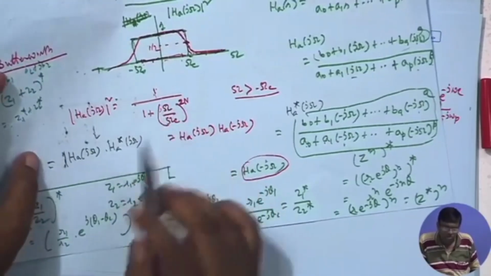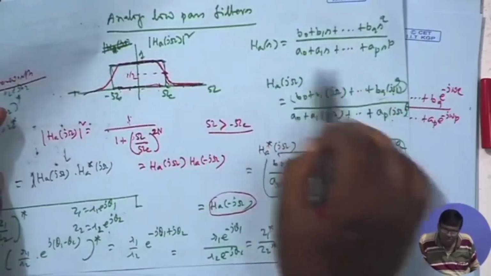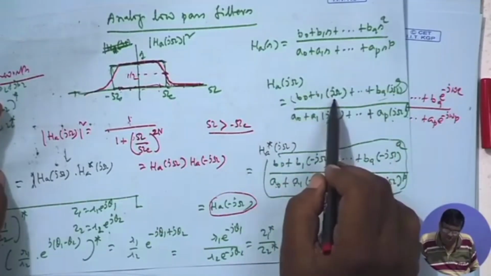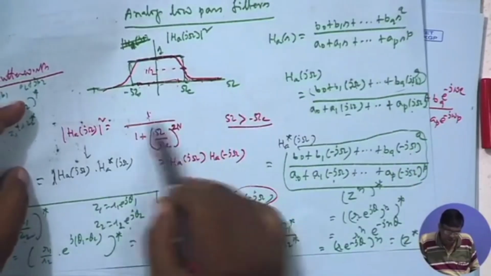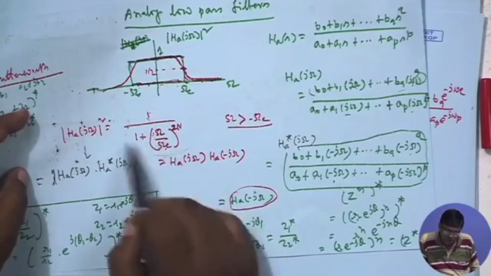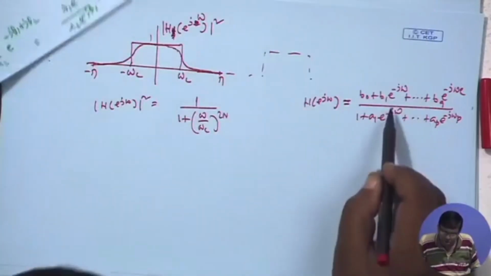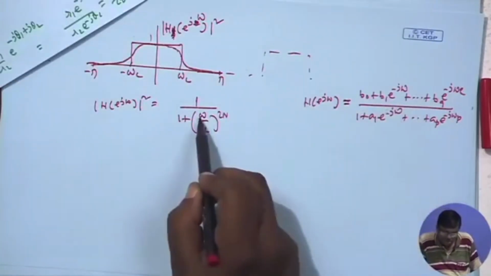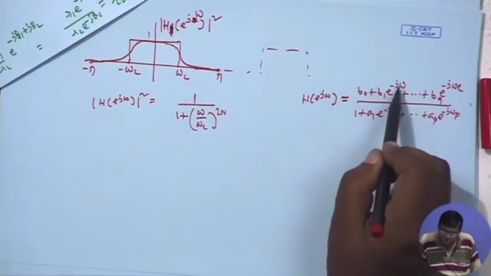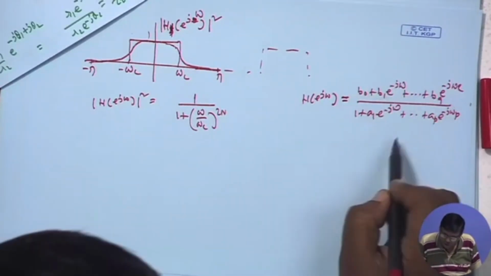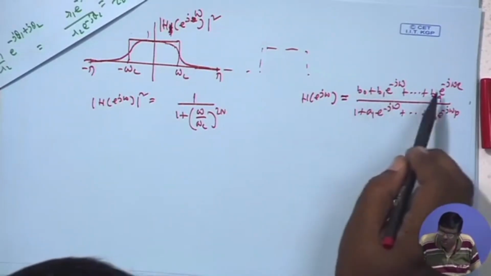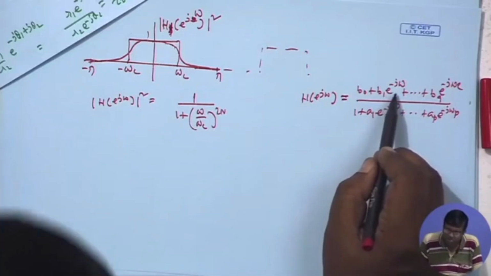The way we did, because we know HAS is of this form, H j omega is also of this form. It was a polynomial in s, it is a polynomial in omega, and I approximated it by this omega by omega c. So, it is a polynomial in omega, but in this case I want a polynomial in small omega, because it is Butterworth. But my numerator is not in terms of powers of small omega, it is in terms of powers of e to the power j omega.